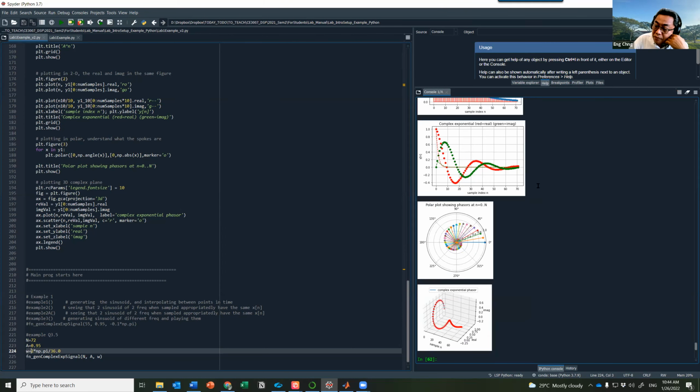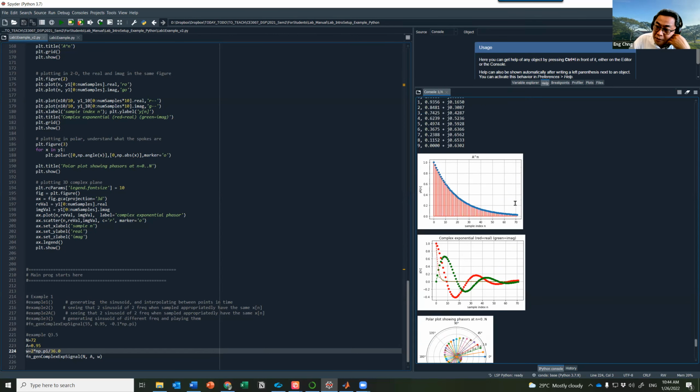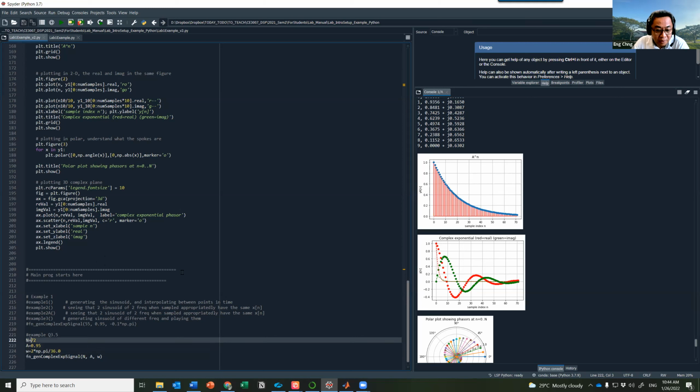Now, let's plot A first, A to the power of n. A is 0.95. The first value is 0.95 to the power of 0. 0.95 to the power of 0 is 1. The second value is 0.95, then 0.95 squared, and so on. Oh, let's zoom in. Instead of plotting 80 numbers, let's plot, let's say, 5 numbers first.